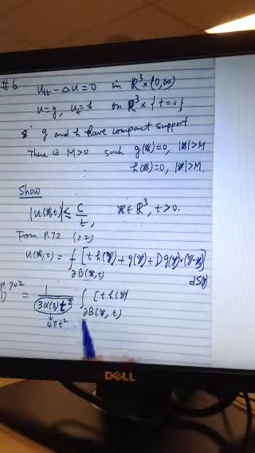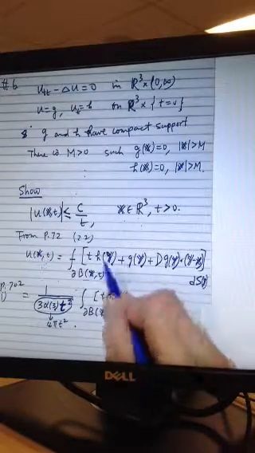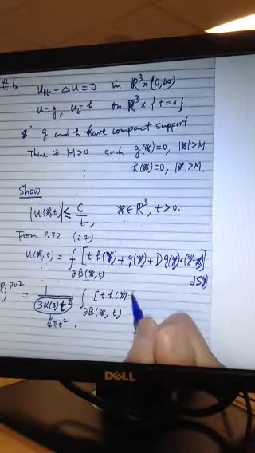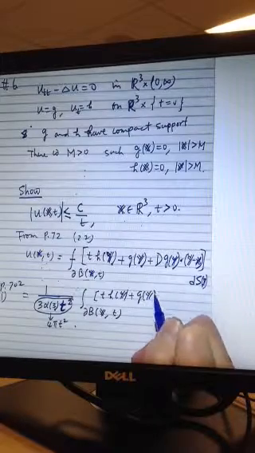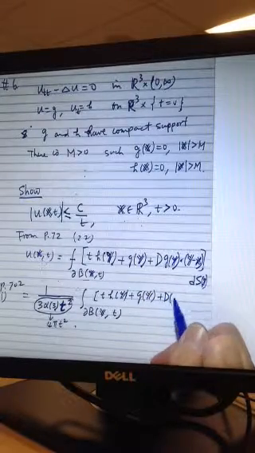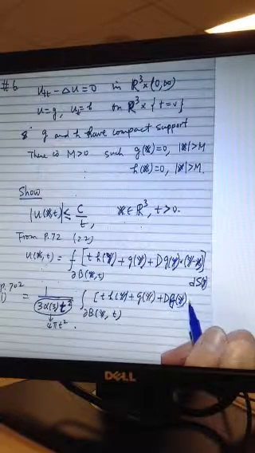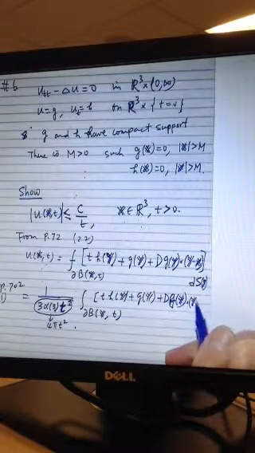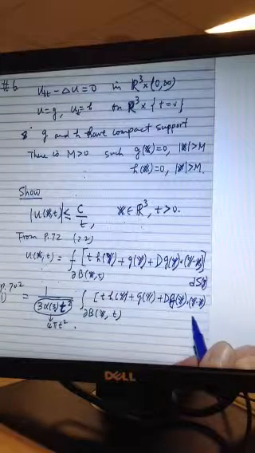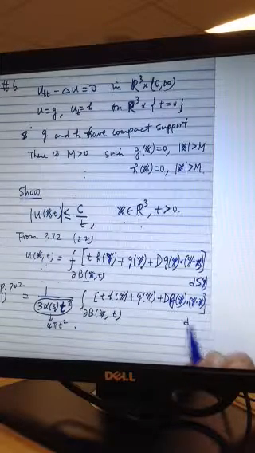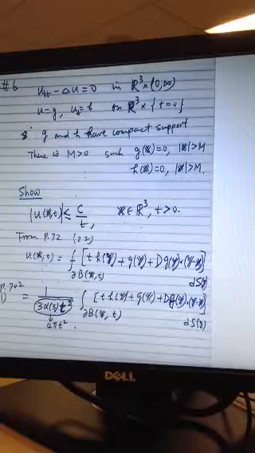So I have this one here, and then this is the function t h of y plus g of y plus the gradient of g at y dot y minus x, dS y.